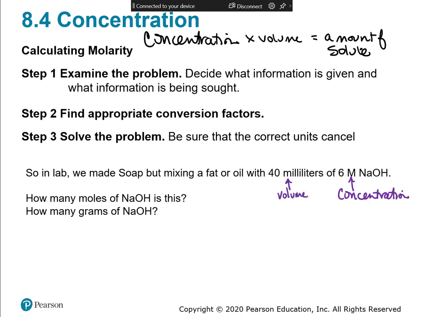I can multiply concentration times volume to figure out the amount of the solute, which is sodium hydroxide, but I've got to put your units how they need to be. So 6M NaOH is just saying 6 moles of sodium hydroxide, NaOH, divided by 1 liter of the solution.